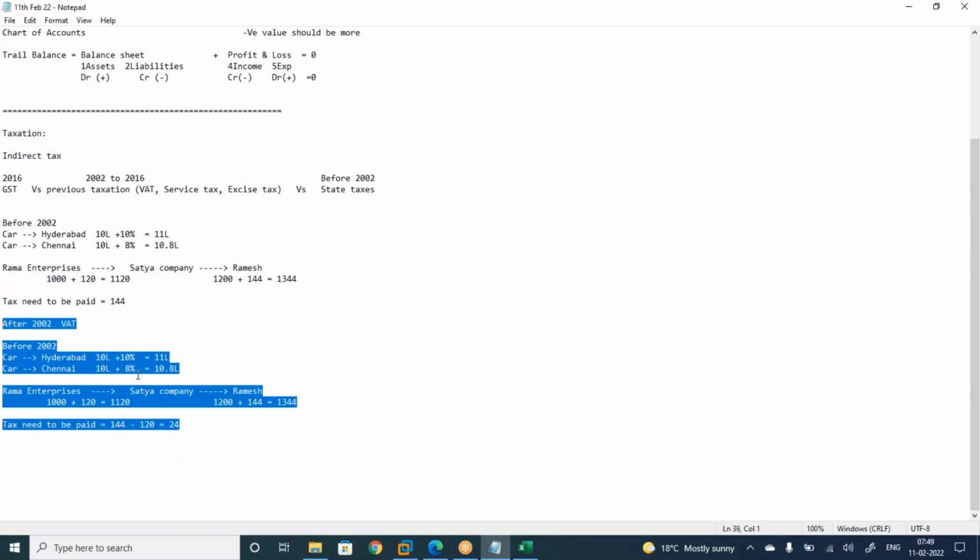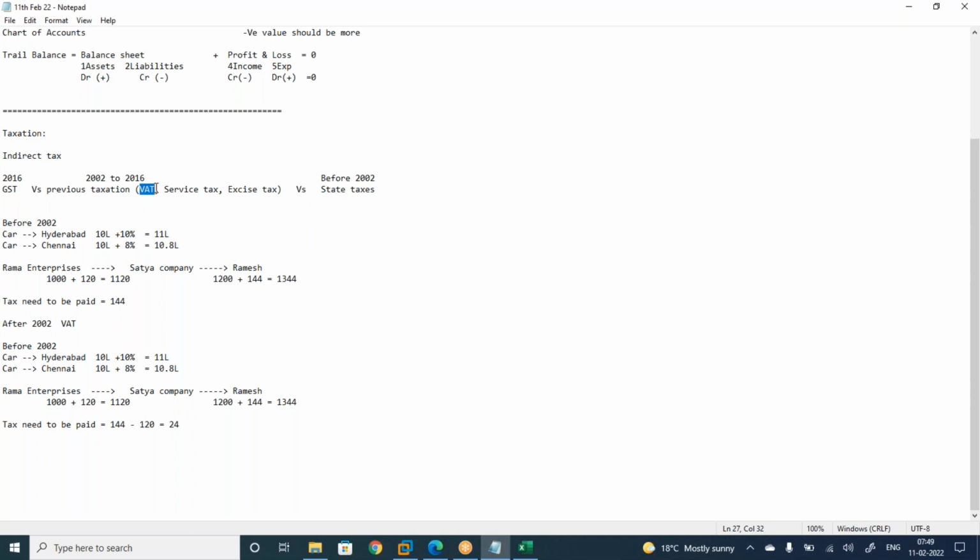So this is for VAT, service tax and excise. VAT means sales of the material. Service tax means service, for example restaurants and food industries. They are not giving you material, but they are providing services.